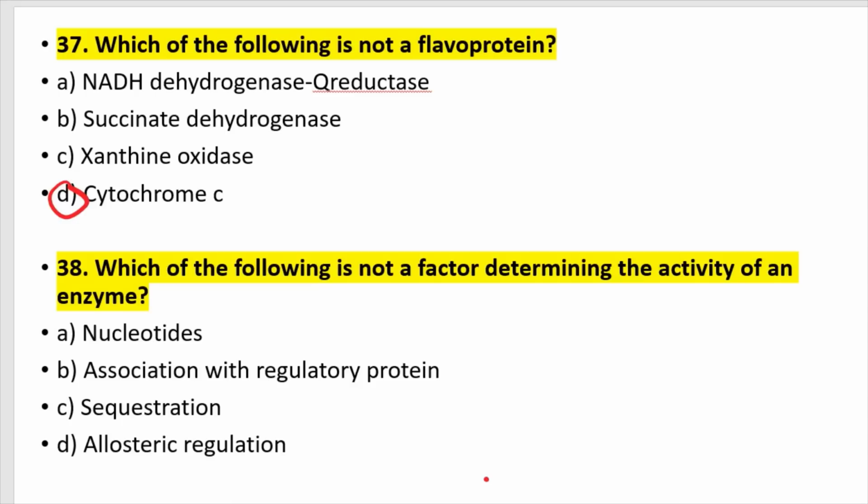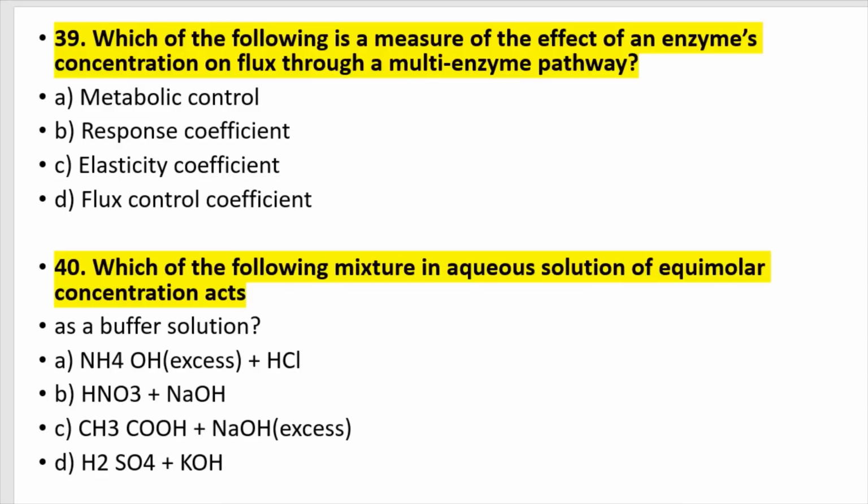38. Which of the following is not a factor determining the activity of an enzyme? Nucleotides are not there. Association with the regulatory protein, yes. Sequestration, yes. Allosteric reaction, yes. So these three are involved, but not nucleotides. 39.